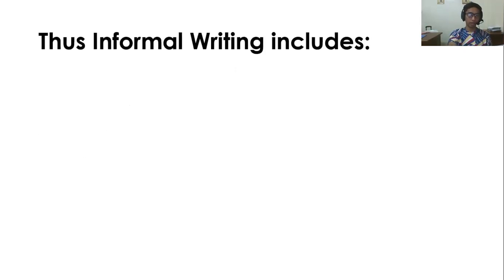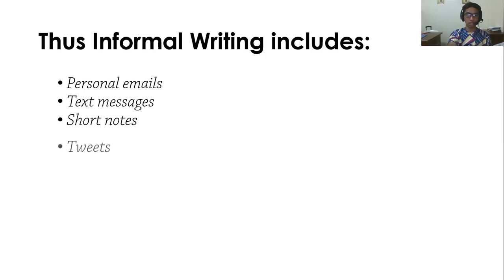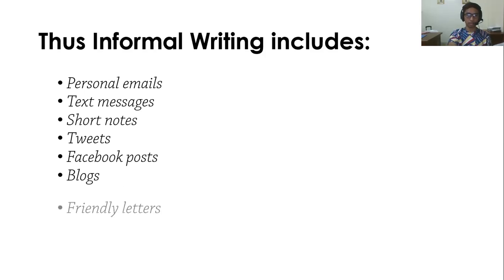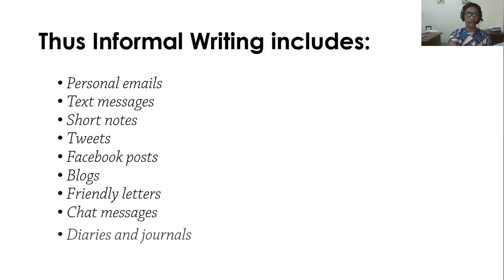Does informal writing include personal emails, not business emails? That's personal emails, text messages, short notes, tweets, Facebook posts, blogs, friendly letters, chat messages, diaries, and journals. So this composes the informal writing.